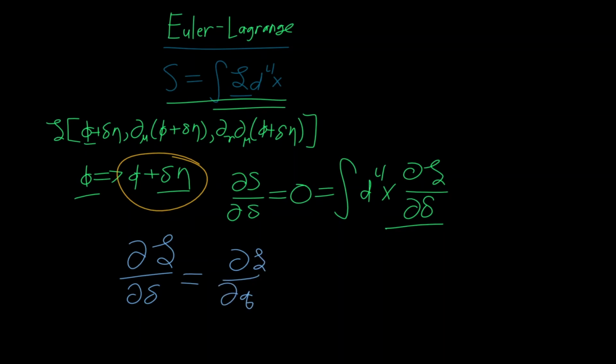So I'll just call that q, qj, and then times the derivative of those arguments of the Lagrangian with respect to our original delta. Q1 would just refer to this phi plus delta nu right there, that whole first bit. And then Q2, for example, would refer to this whole term and so on and so forth.